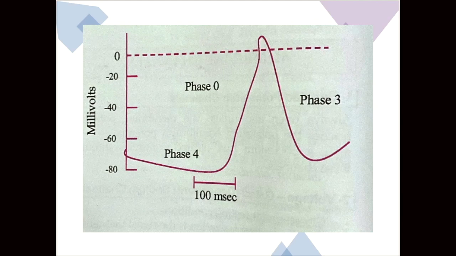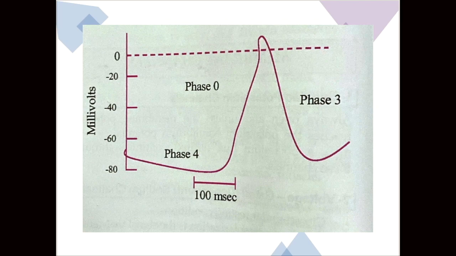These cells lack the fast voltage gated sodium channels. So you see how interesting it is that these pacemaker cells lack the fast voltage gated sodium channels. So phase 0 results in a slow conduction velocity that is utilized by the AV node to prolong the transmission from the atria to the ventricles.